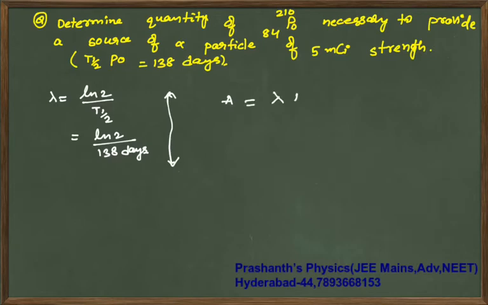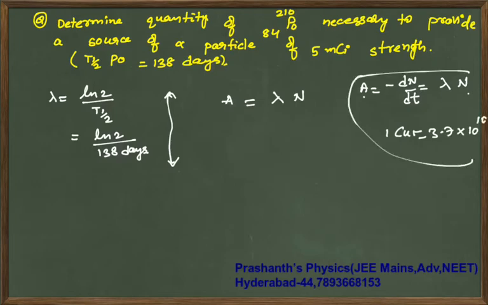So activity at that particular instant, A is equal to lambda n, because we have seen minus dN by dt is A, which is equal to lambda into N. So this activity is given as 5 millicurie. 1 curie, as we have just seen, is 3.7 into 10 power 10 dps.